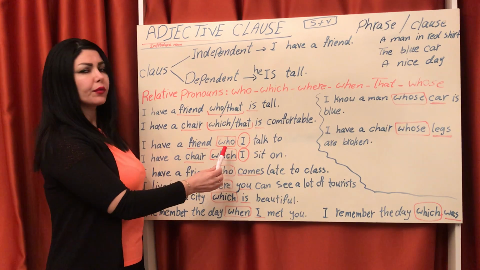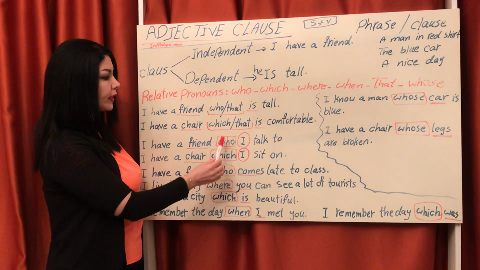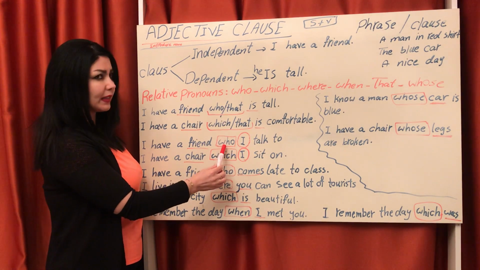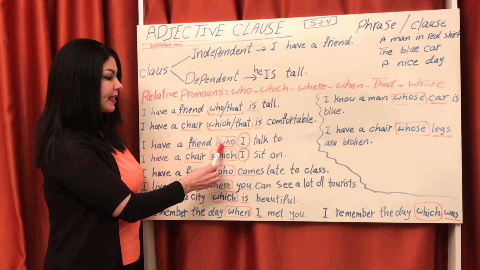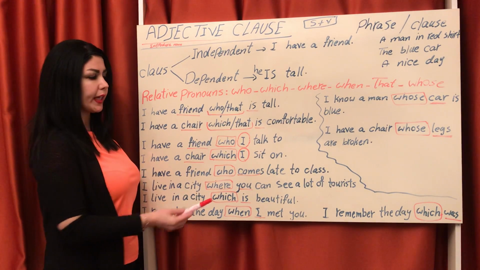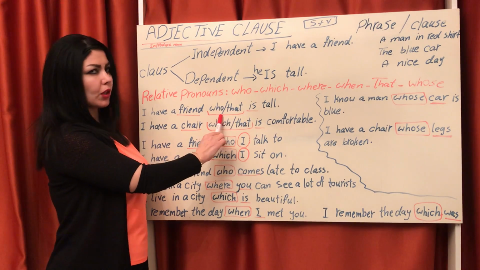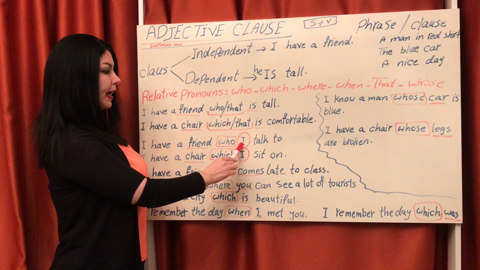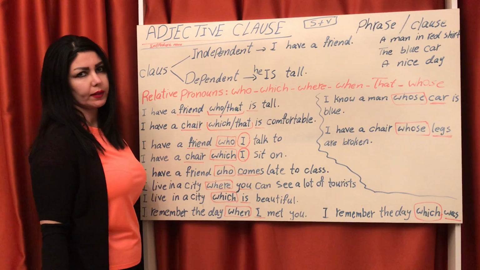But if we have a subject after the relative pronoun, this is objective relative pronoun. So if we have a to be verb, this is subjective. If we have a subject or noun, this is objective.